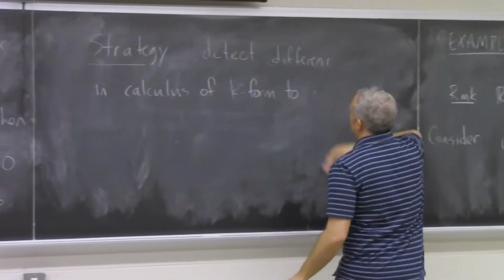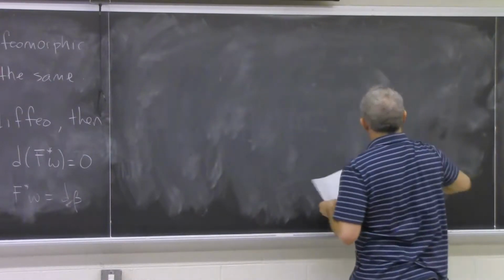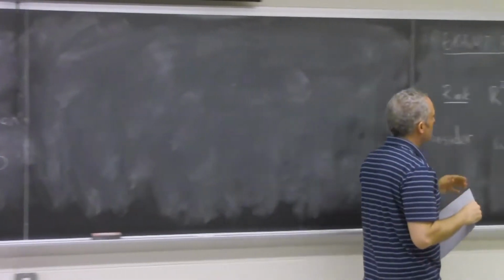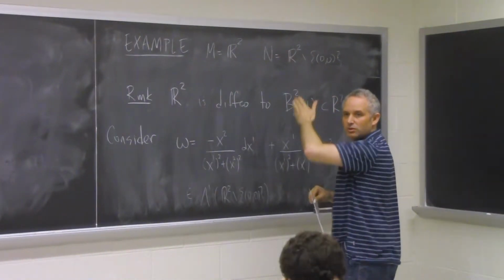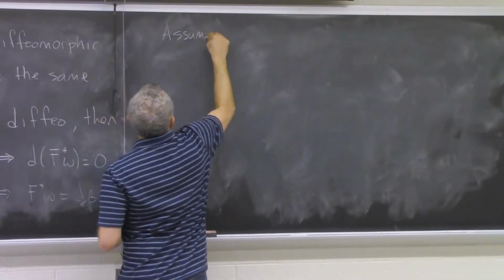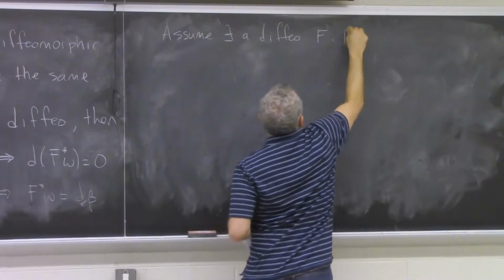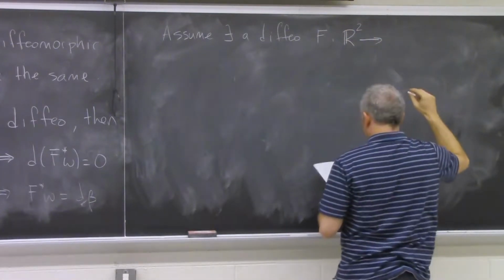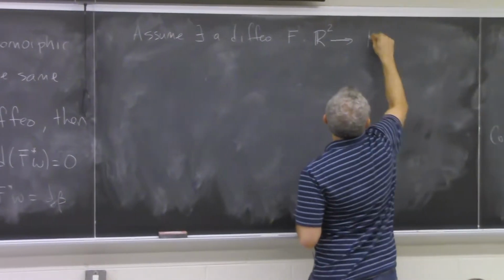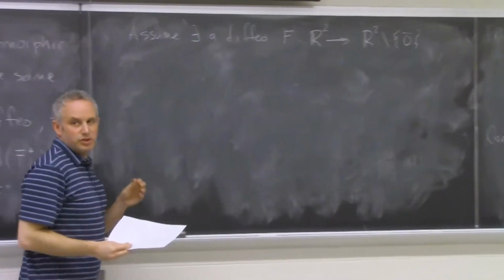So let's follow this strategy in this particular case. We're going to argue by contradiction. Assume that they are diffeomorphic. Okay, we're going to run into a contradiction.